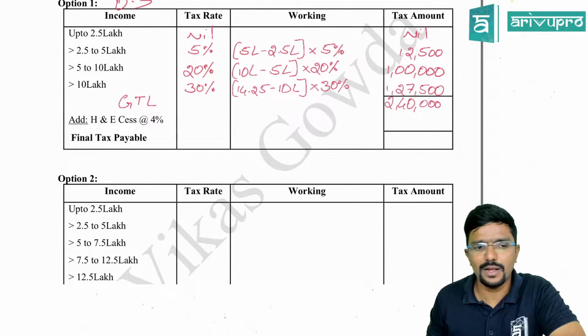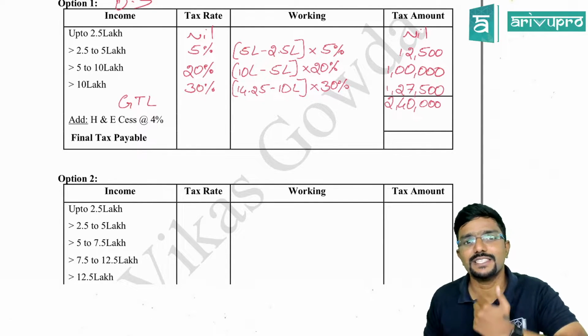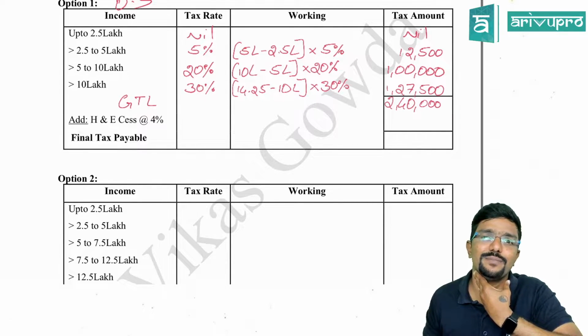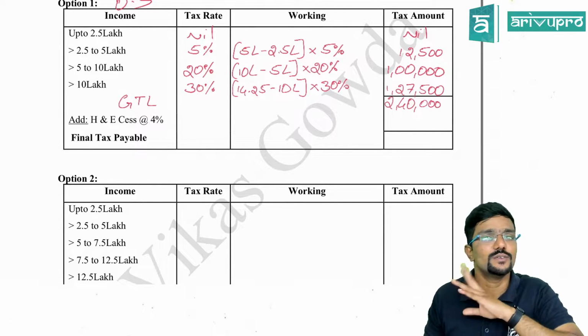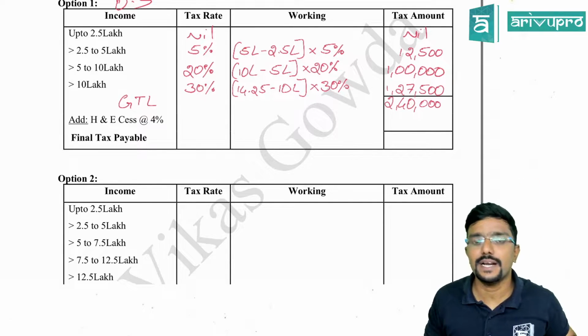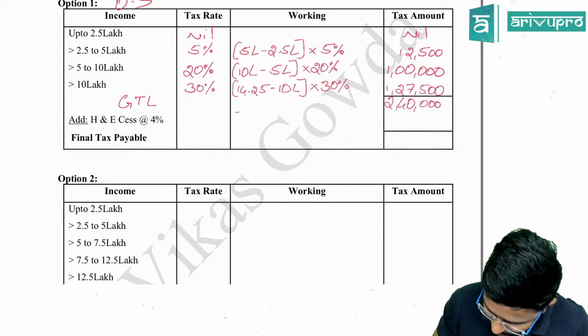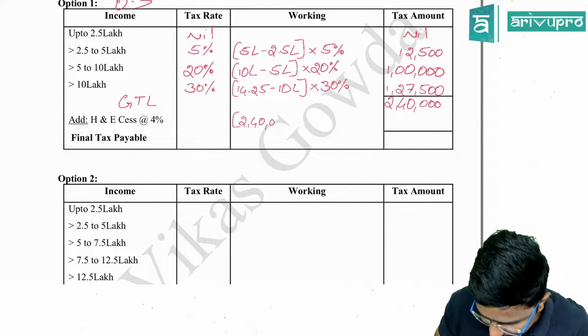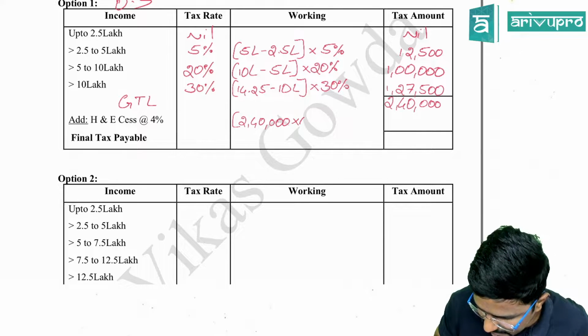Is rebate available? No, sir, because total income is more than 5 lakh. Then check surcharge. Is it applicable here? No, sir, because total income is less than 50 lakh. So both are not applicable. So straight away go to health and education cess. 2,40,000 into 4%.